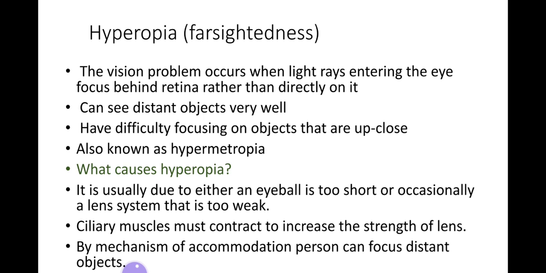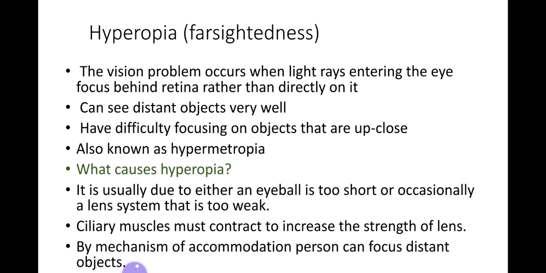This condition is also known as hypermetropia. What can be the cause of hyperopia? It is usually due to either an eyeball that is too short or a corneal lens system that is too weak, so that the light rays entering cannot be focused on the retina, and are focused behind the retina.